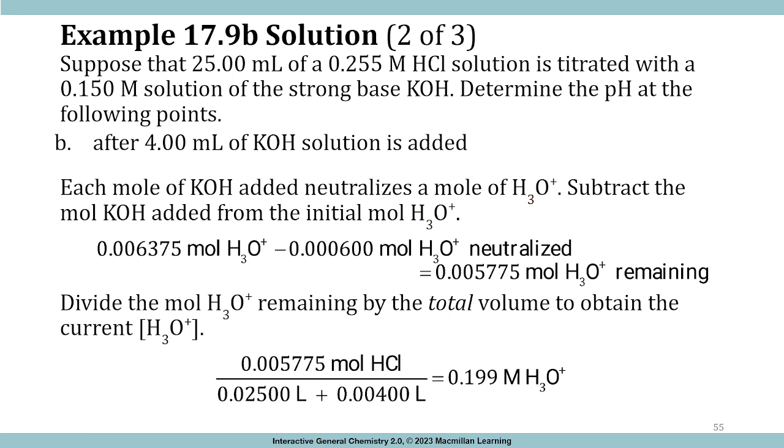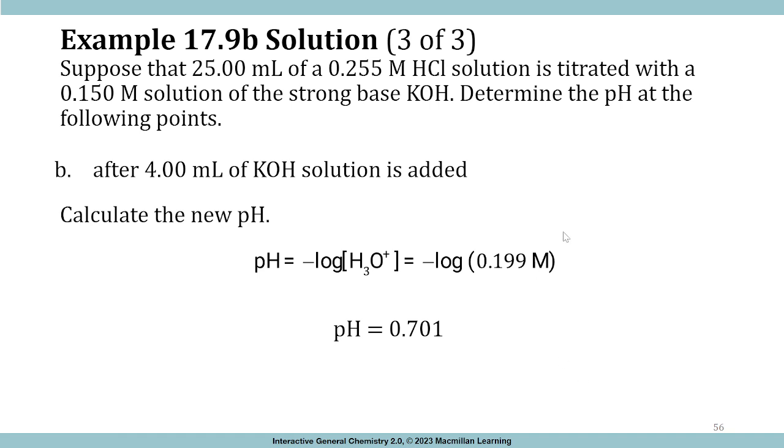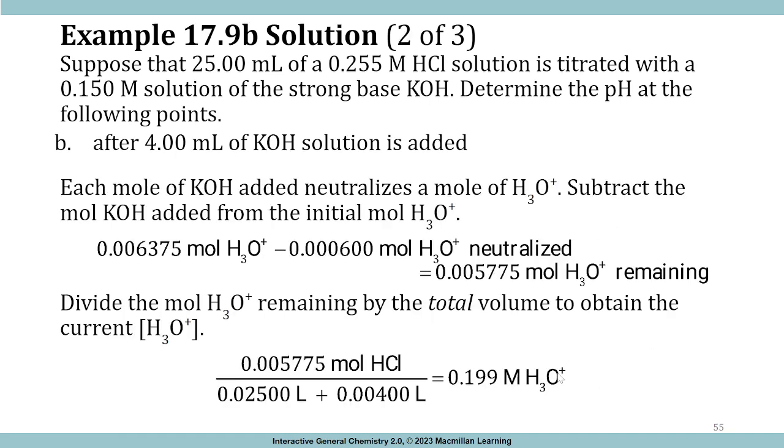We added 4 mils to that, okay? So we're going to divide that by 29 milliliters, or another way of saying that is 0.029 liters. We get the molarity of the H plus again. That's 0.199 molarity H3O plus. We take the negative log of that, and that would give us our pH.